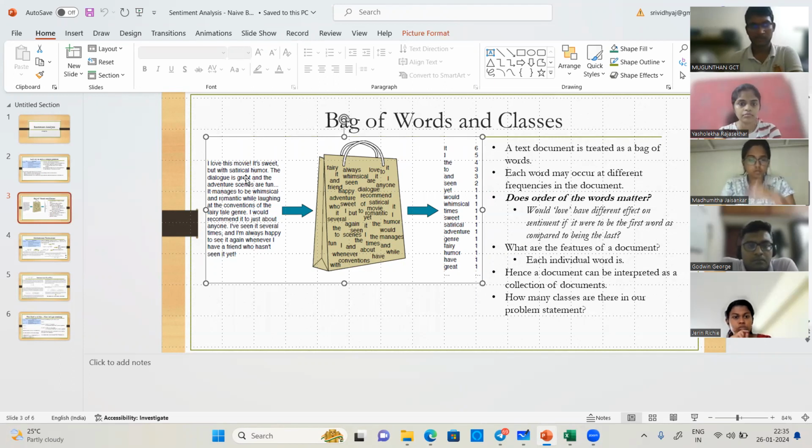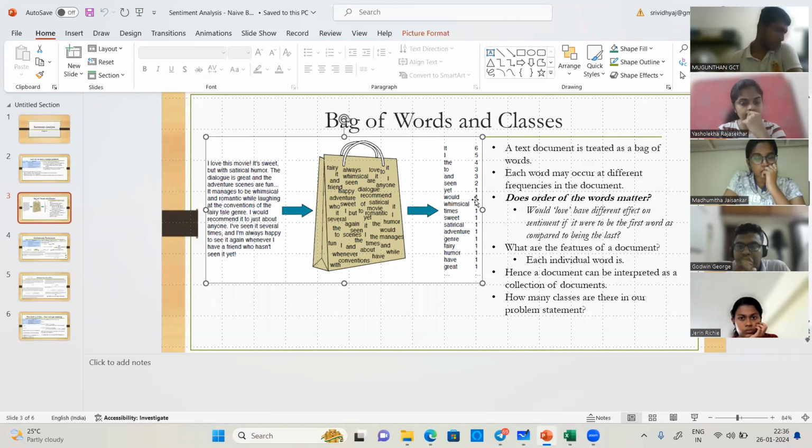You put all those words into a bag, and against each word, you ascertain the frequency of occurrence. Let us say there are some 10 positive reviews given by people, and you put all those positive reviews in a bag.